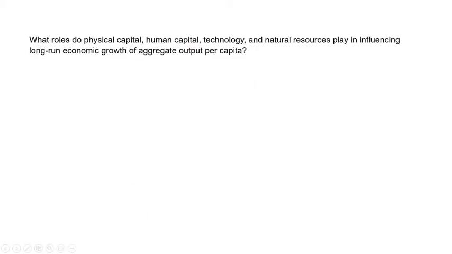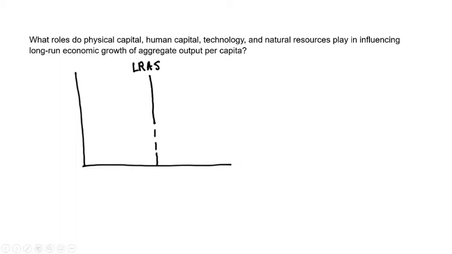This last question is about the long run economic growth. We earlier said that the economy's capacity is limited with its resources. For example, if our full employment level of output is here, this is the long run aggregate supply curve, and this is the full employment level of real GDP.